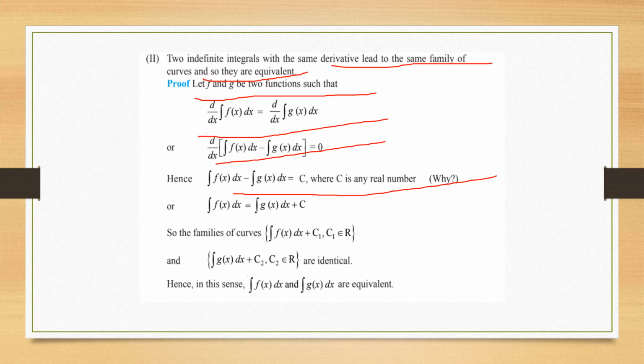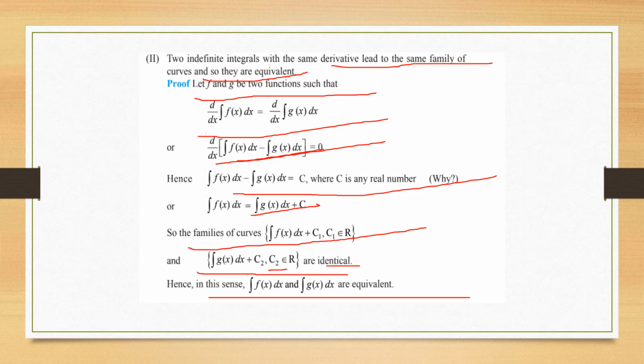We will find that integral f(x) dx is equal to integral g(x) dx plus c, okay? So the family of curves, integral f(x) dx plus c1, where c1 belongs to R, and integral g(x) dx plus c2, where c2 belongs to R, they are both identical, and in this sense both these integrals are equal.